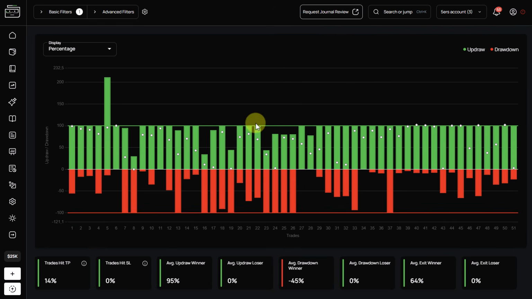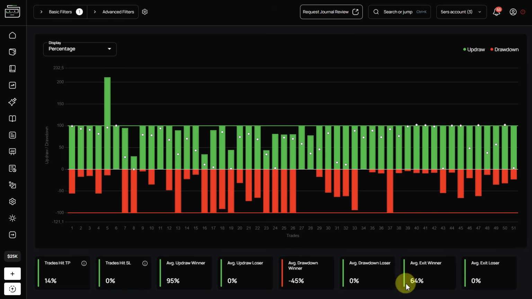So when we look here at the data underneath this graph, we see that the updraw on his winners is 95%. This means on his winners, the price comes 95% towards his take profit target. So almost always the price is reaching his profit target.